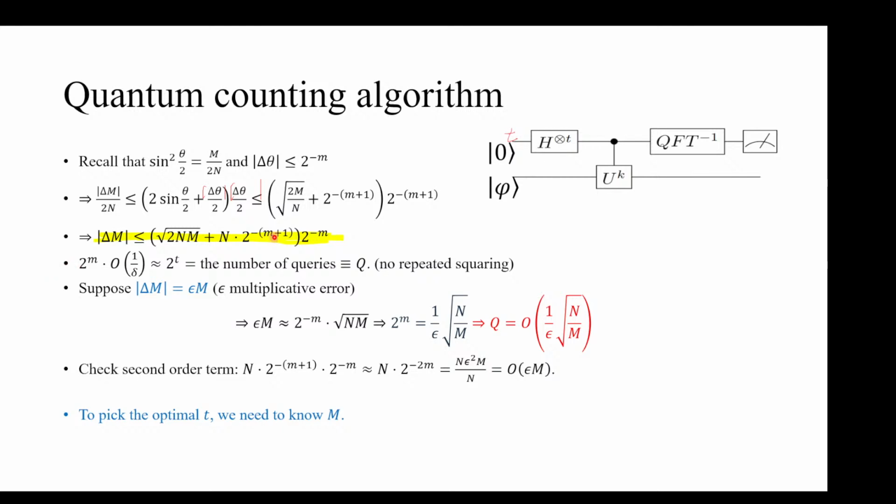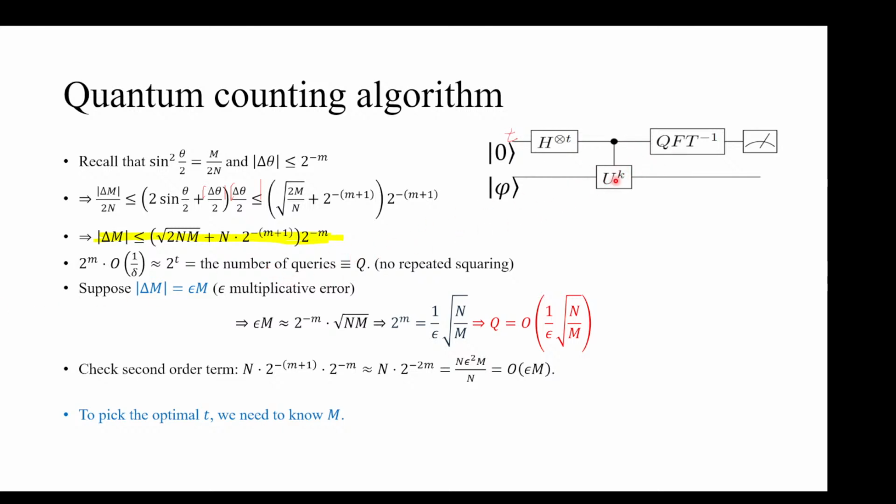Now you see the number of queries you need for phase estimation is actually about 2 to the t, because this k can go from 0 to basically 2 to the t. So the number of queries is 2 to the t.